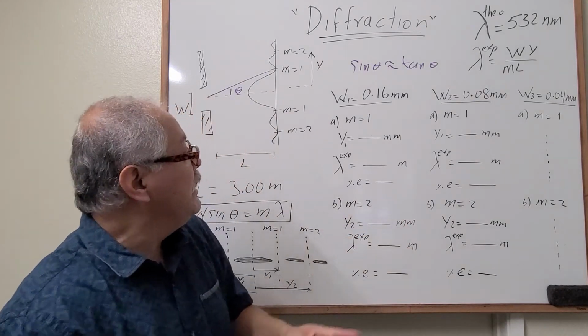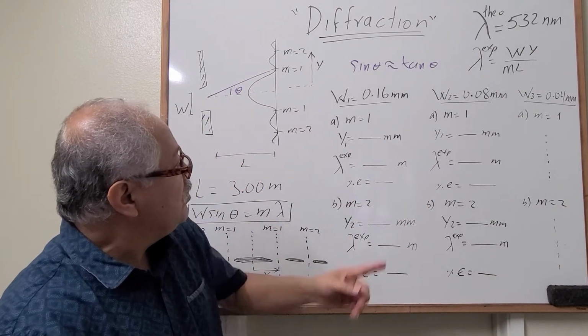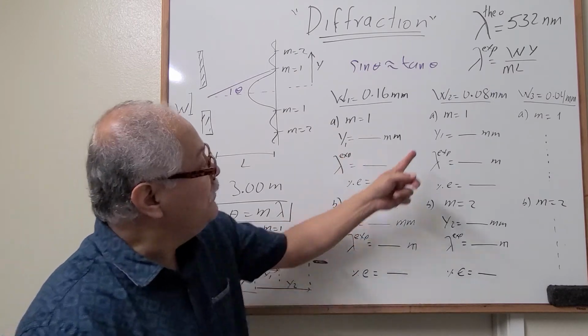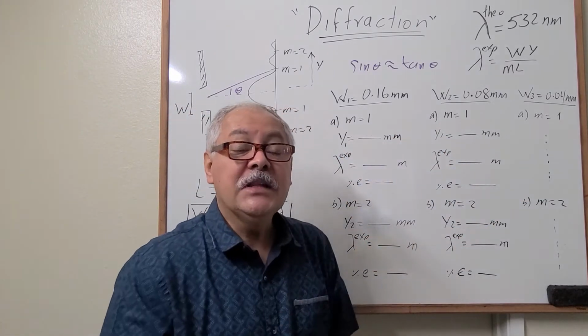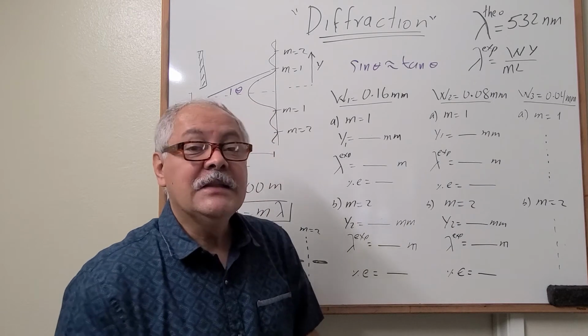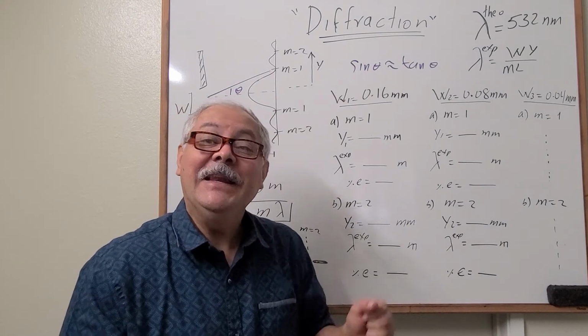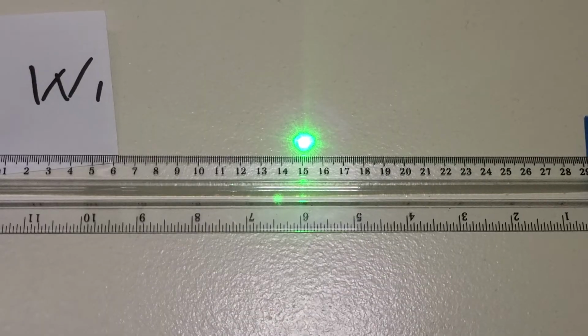Okay, let's find Y1. Again, we're looking only for Y1 and Y2 for each case, and then using that data, we calculate lambda experiment. Okay, let's do it. Okay, let's go for case 1, W1.